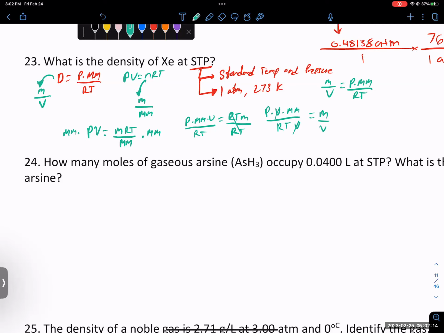To avoid doing this on the exam, just memorize this formula. That's how you get from here to here.